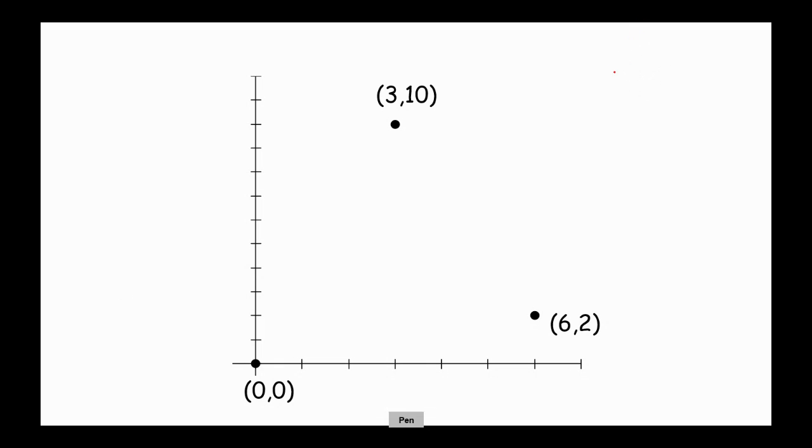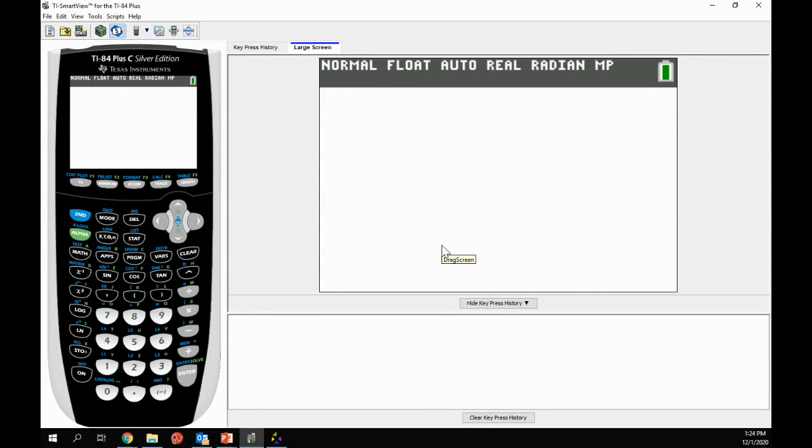If we write our points down, (0, 0), (3, 10), and (6, 2), put the x's in L1, the y's in L2. So my new calculator program looks a little different, but let's go with it.